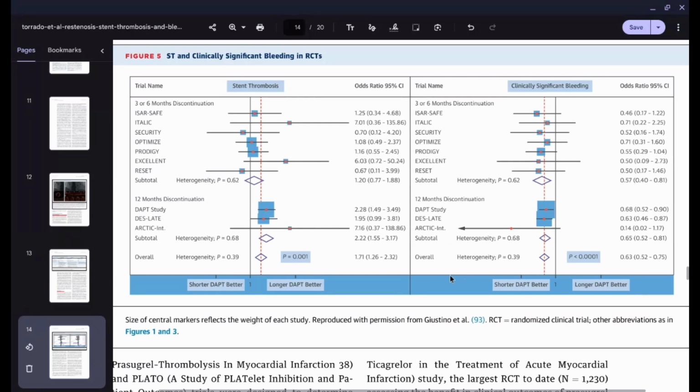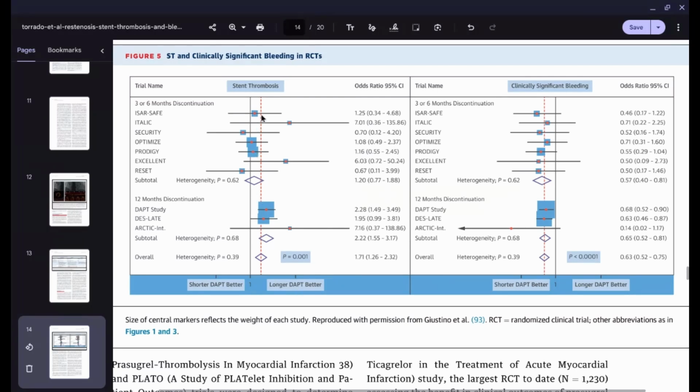different trials. So this is, if you are looking at stent thrombosis, continue this coagulation treatment for longer, right? Here you have the odds ratio, which tells you which is better, shorter or longer DAPT treatment.